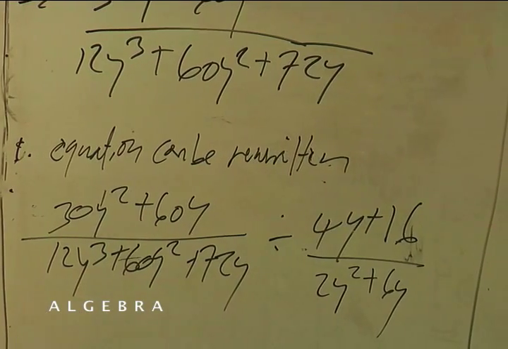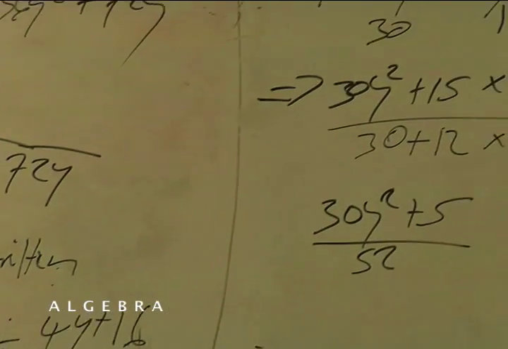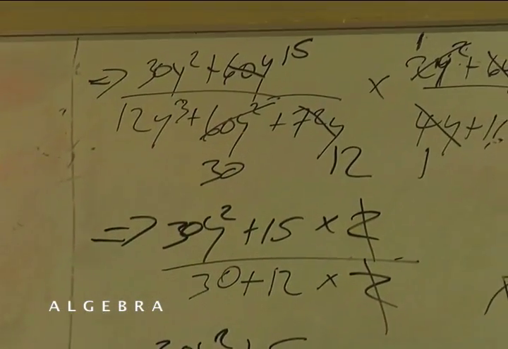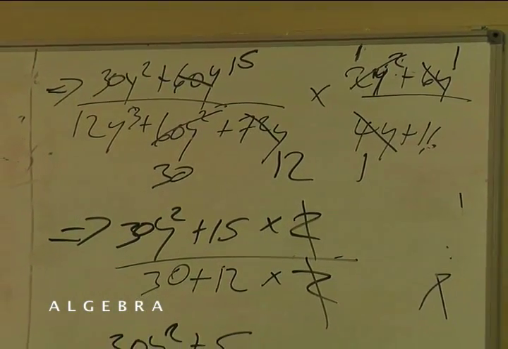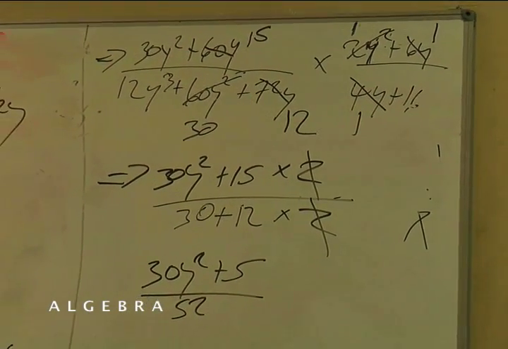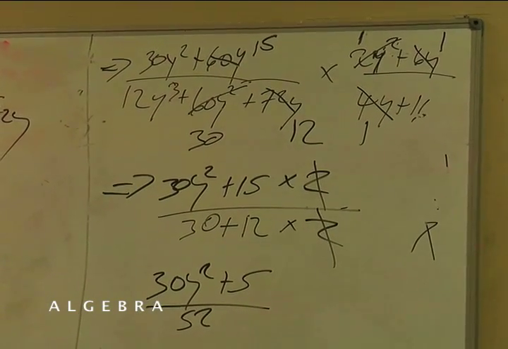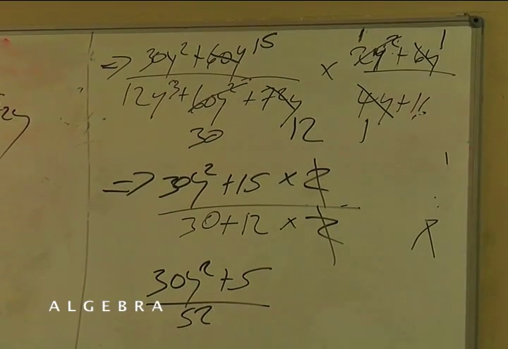All right, come again now. We have multiplied two fractions. So all I have to do is find if there's anything. So I'm going to multiply out. I have 30y squared, yes. Good. Plus 60y, yes. Good.